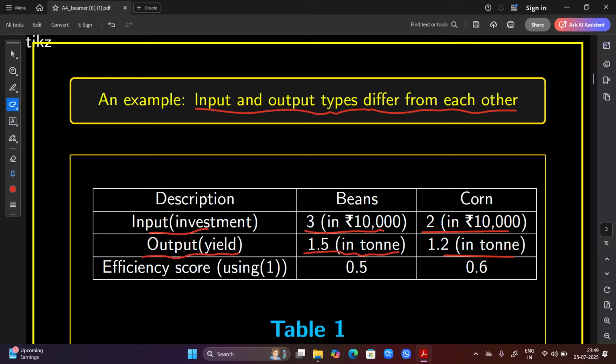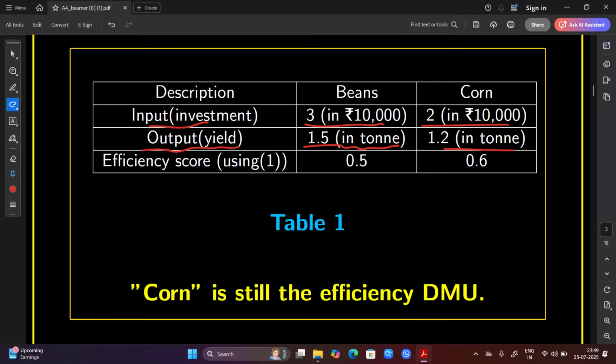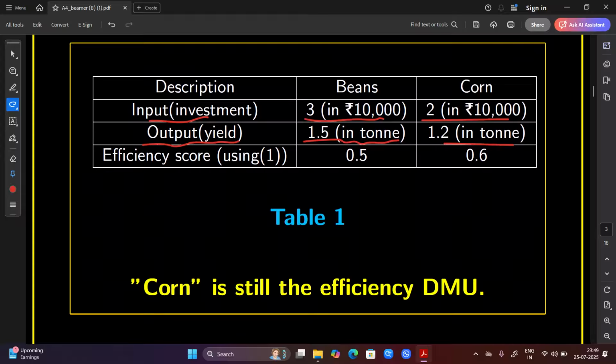You can apply the efficiency formula. If the unit is not the same, you have to convert to the same unit. Next, corn is still the efficient DMU. Here we got the result that corn is the efficient DMU.